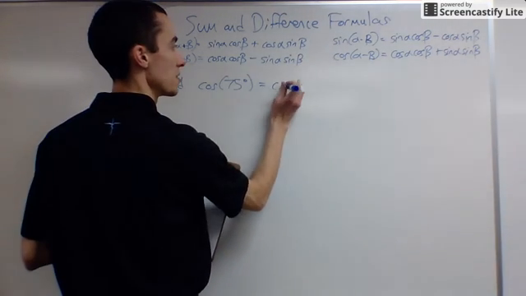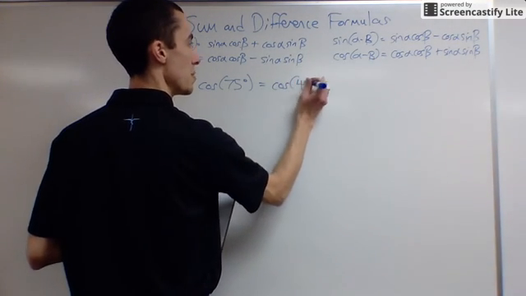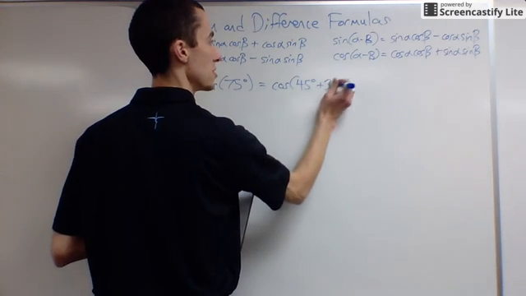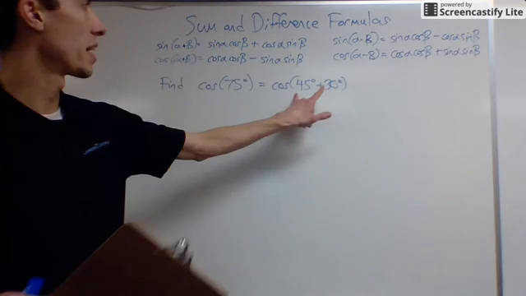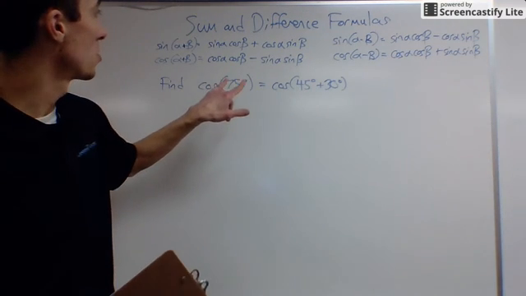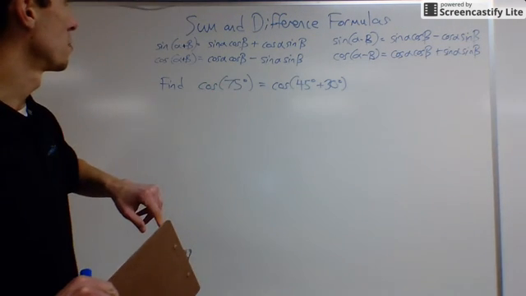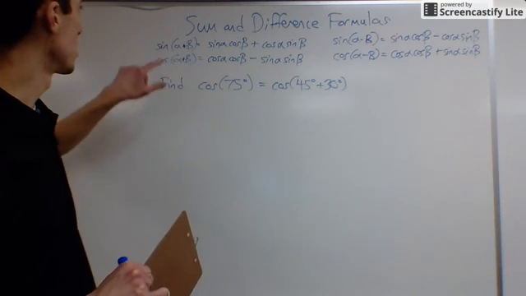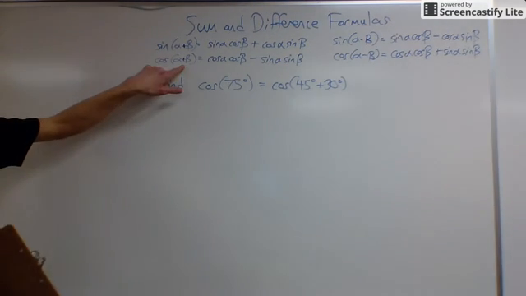Notice that 75 degrees is the same as 45 degrees plus 30. And we know how to find the cosine of each of those. So we can break apart this cosine of 45 plus 30 degrees using the cosine sum formula.